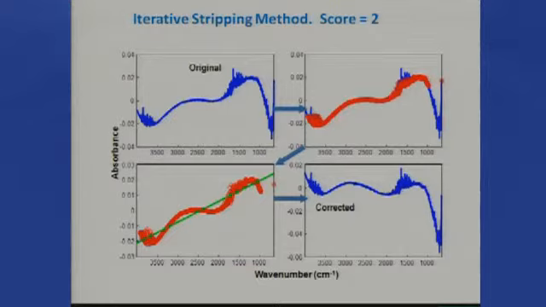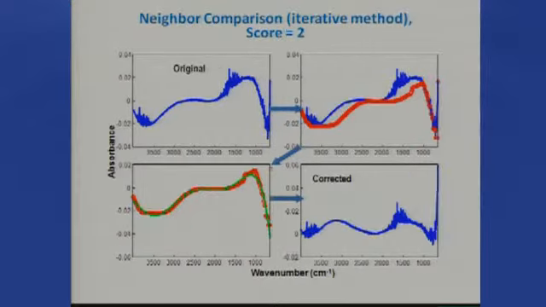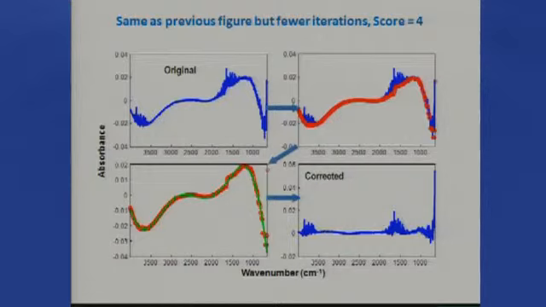So how did that one work? Well, the iterative stripping method gives you some correction, but really not very much at all. Maybe it's even worse. Score of 2. Neighbor comparison is another iterative method, and in this case, again, it gives you a wavy baseline. This is an iterative method, and if you actually give it fewer iterations, you get better baseline correction.